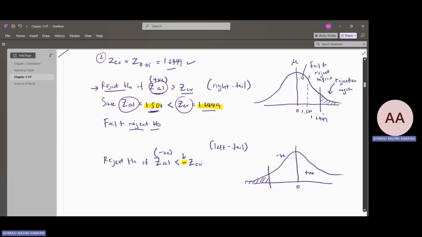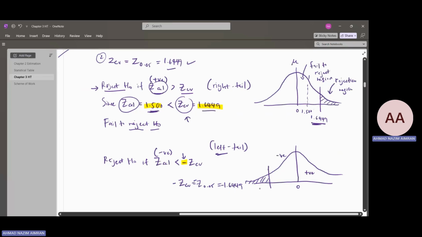Let's say the same alpha, the Z critical value based on the table is Z 0.05, the same as this one, so it is equal to 1.6449. But since this is a left tail test, you need to include the negative sign. So this is negative 1.6449.